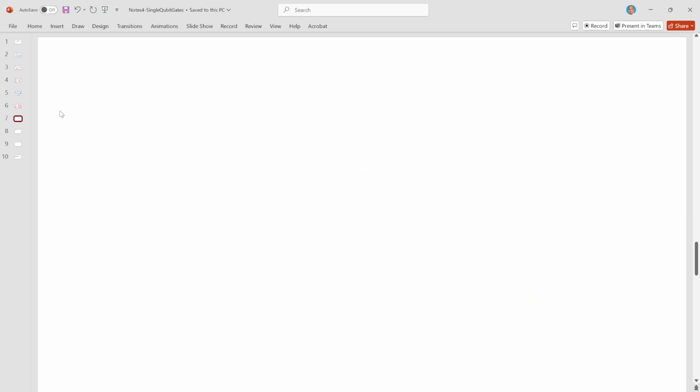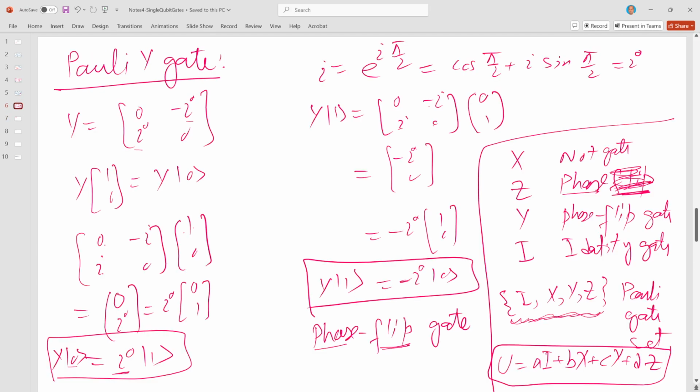All right, so let's go to another very simple gate, and perhaps another extremely important gate. So this is called Hadamard gate. Its symbol is H. Actually, I didn't show if Y is a unitary matrix or not, but let's briefly check it quickly.